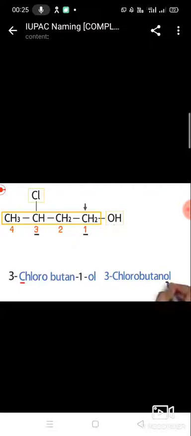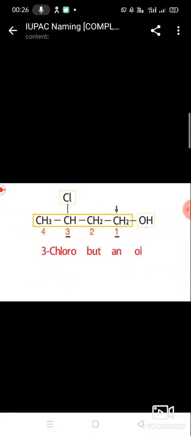And it is also known as 3-chlorobutanol. Why? Because if it is in first position, it is understood that this is a butanol. Suppose this OH group is present in some other carbon atom, then the name will change.